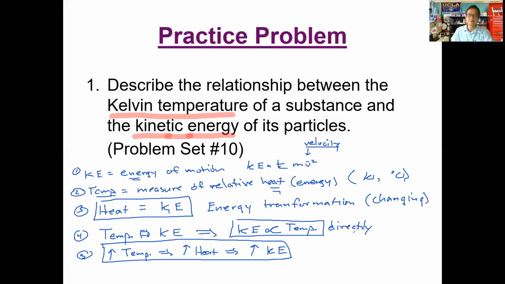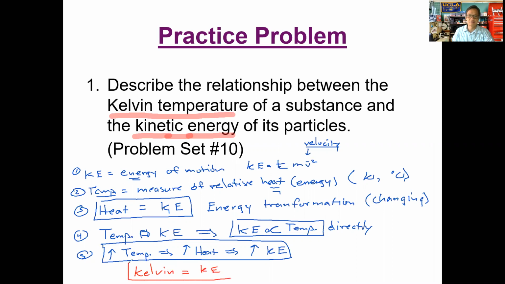Now, specifically, remember the temperature scale that we need to keep in mind, and I'm going to highlight this in red: for temperature in the Kelvin scale, not the Celsius scale, we have a direct relationship between the Kelvin scale and kinetic energy. Why is that?